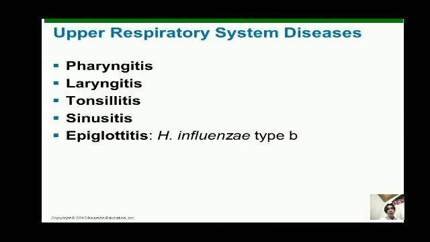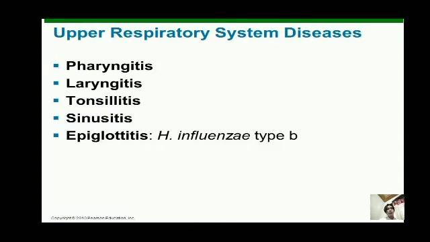The next one is epiglottitis, caused by H. influenzae type B. Epiglottitis is the inflammation of the epiglottis. The epiglottis is a flat-like structure of cartilage that prevents ingested materials from entering the larynx.